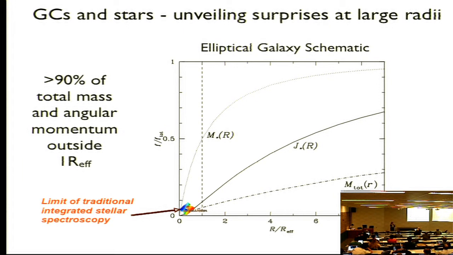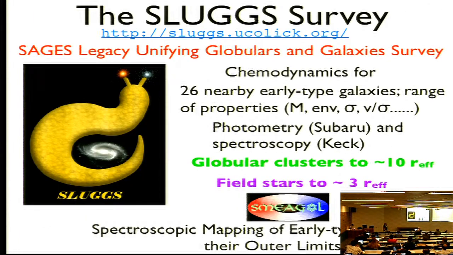So you've got velocity maps and chemical element abundance maps, but only of the inner regions of the galaxies. And those surveys have been tremendously influential in understanding and classifying galaxies, but they're only seeing a small part of this bigger picture. And this bigger picture is very important if you want to understand particularly galaxy halo development.